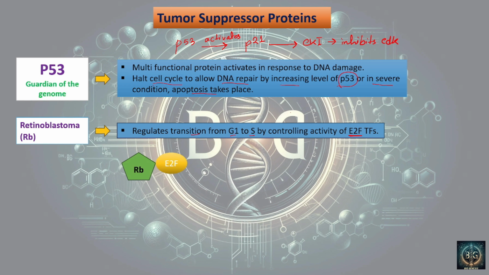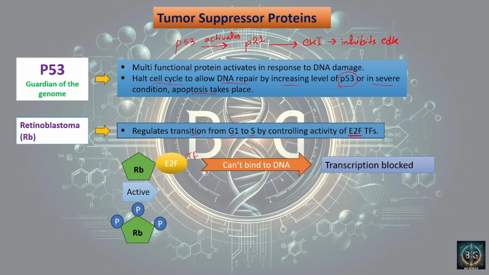When retinoblastoma binds to E2F, a transcription factor, it is in active state, and in this case E2F cannot bind to DNA and transcription is blocked. If retinoblastoma is phosphorylated at its different residues, then it becomes inactive.